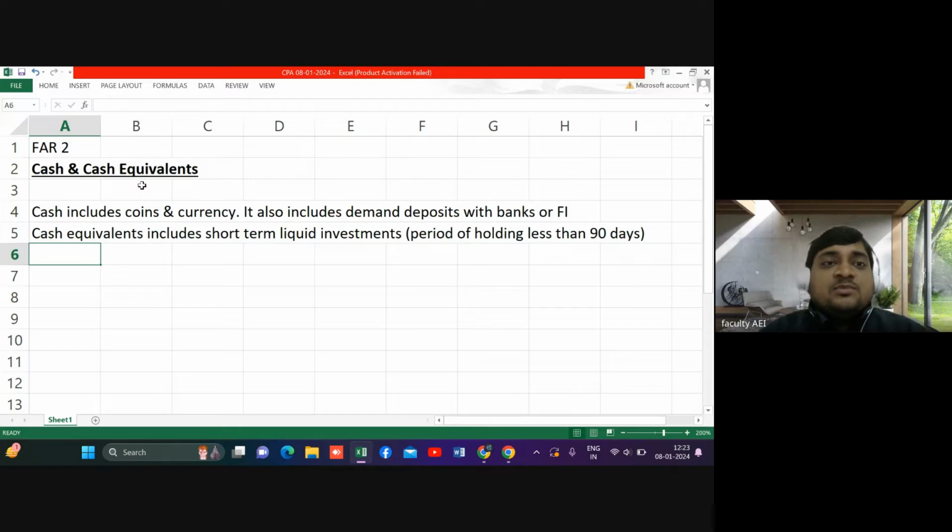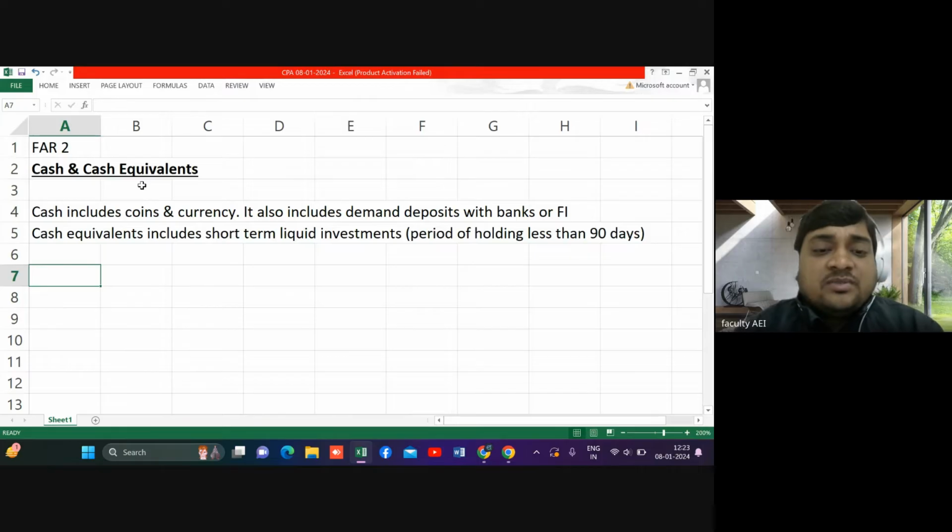So these are the items which come under cash and cash equivalent. When I talk about cash, it means coins and currencies. It also means demand deposits, which are held with banks or financial institution. Cash equivalent includes short-term liquid investments, period of holding less than 90 days, right?